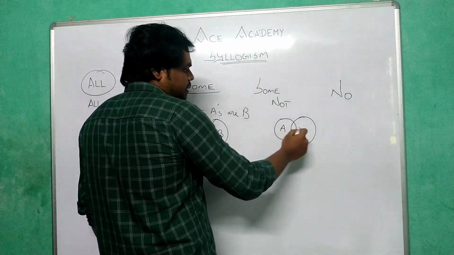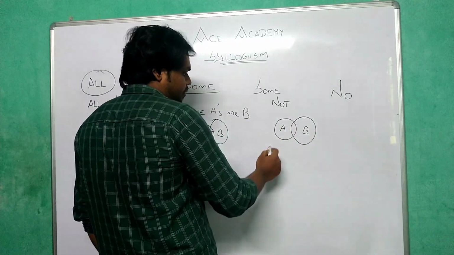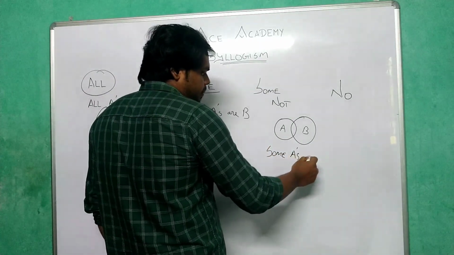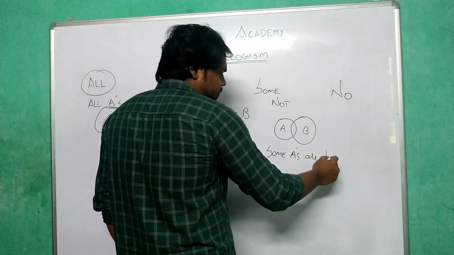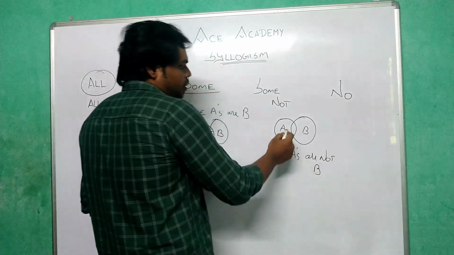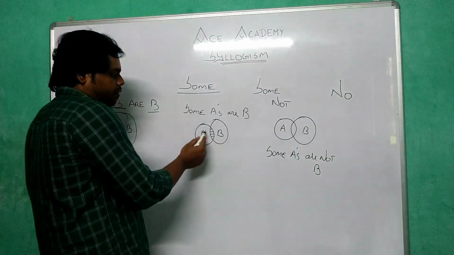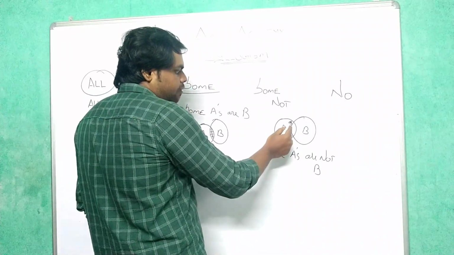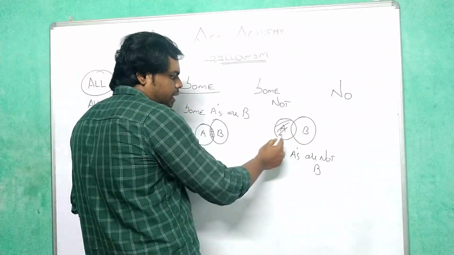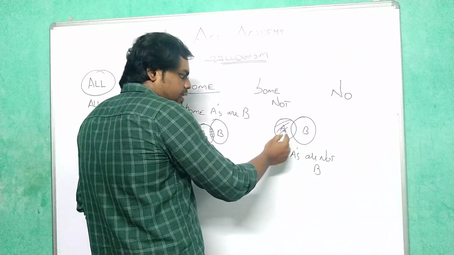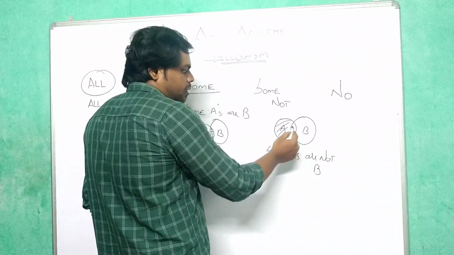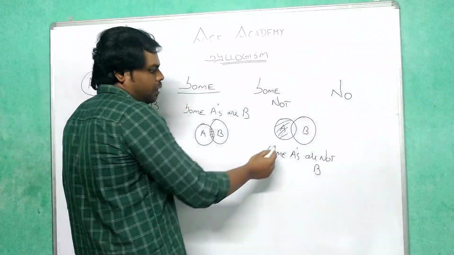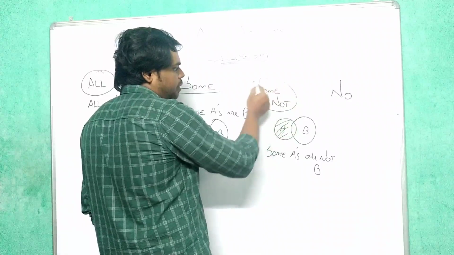For example, some A's are not B. In some A's are B, we focus on the intersection area, but in some A's are not B, we focus on the sector that is not intersected, which is this A is not B, this B is not A. So this will not be the focus area and this would be the focus area. So this is how we draw a Venn diagram for some not.